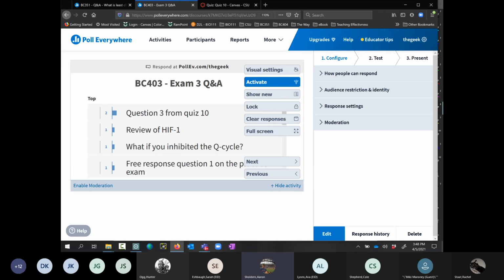Review of HIF1. Absolutely. Let's do that. So HIF1 stands for hypoxia-inducible factor 1. We didn't talk about how it does things, but we talked about what it does.